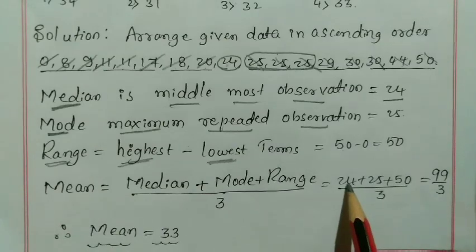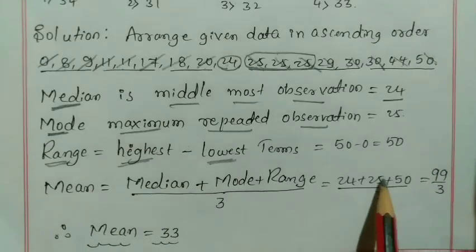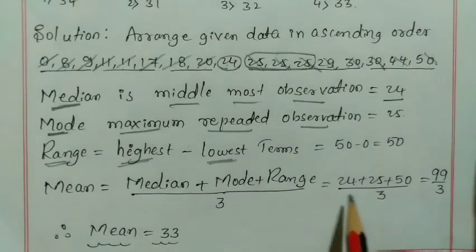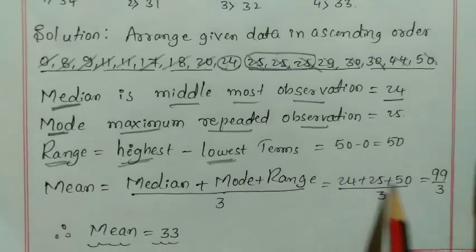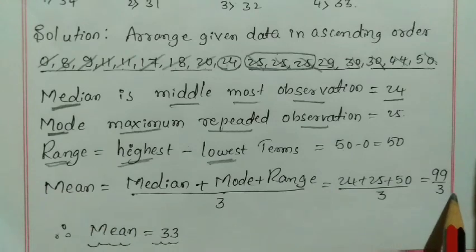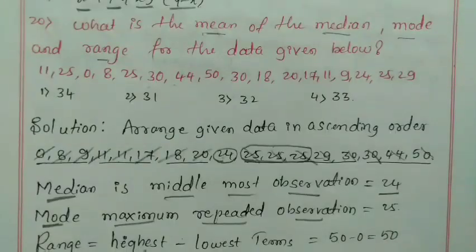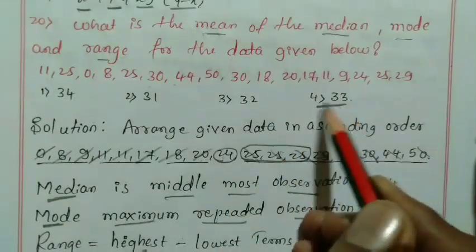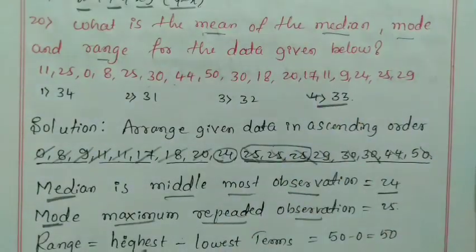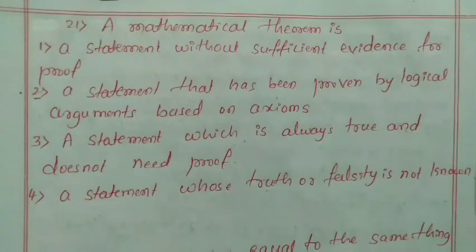So here median is 24 plus mode is 25 plus range is 50. 24 plus 25 plus 50 is 99, divided by 3. 99 by 3 is 33. Therefore the mean is equal to 33. This is the correct answer, and the fourth option is the correct option, that is 33.